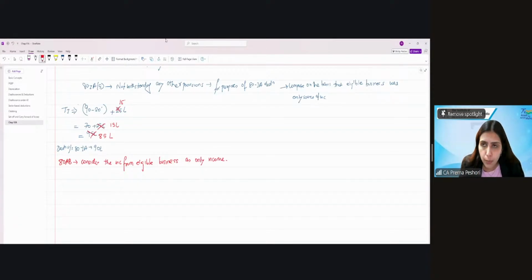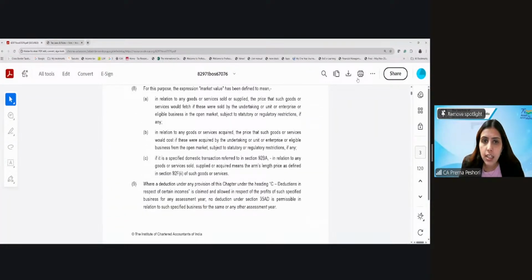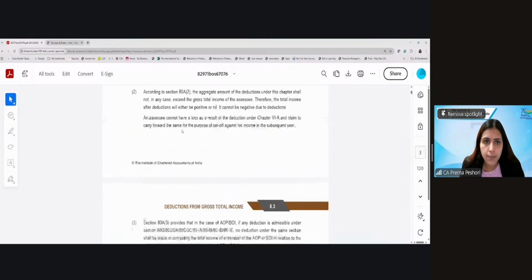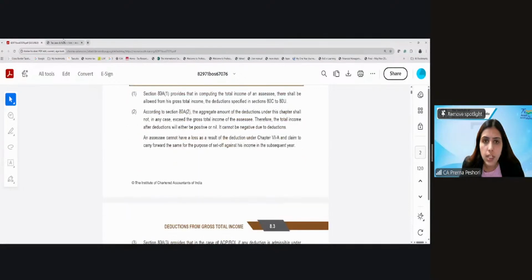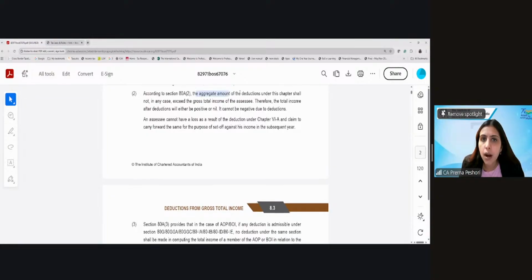Fine. However, now if you look at section 80A, what does it say? It says that the aggregate amount of deductions under this chapter shall not in any case exceed the GTI of the assessee.